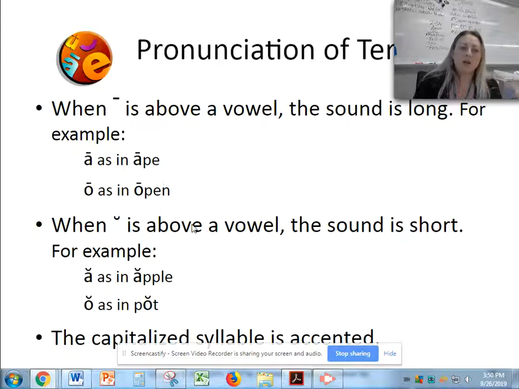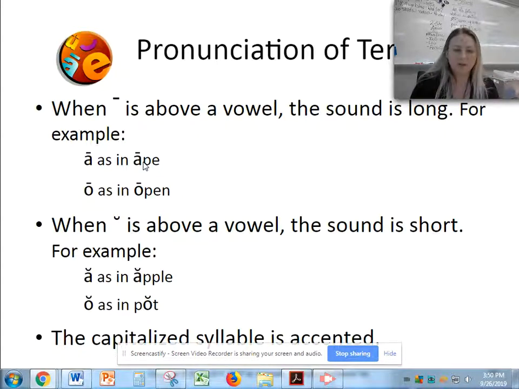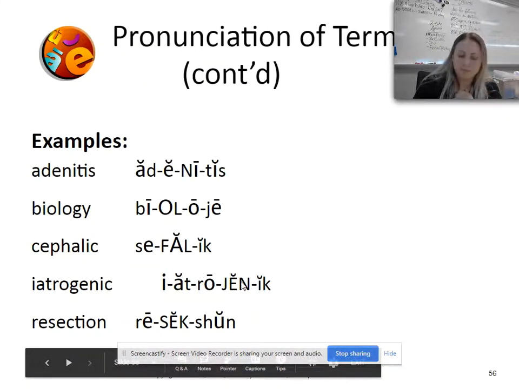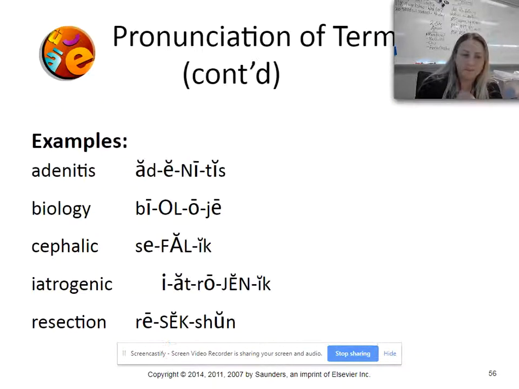If it's a shorter sound, like with apple, then the long vowel is a and the short vowel is ah, like apple. It's this little doohickey here, like a smiley face. Or pot, that's short.